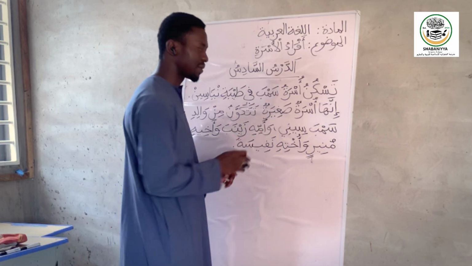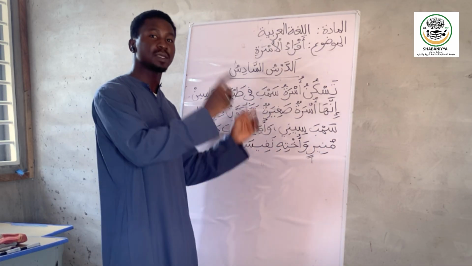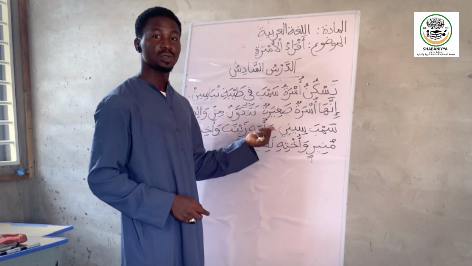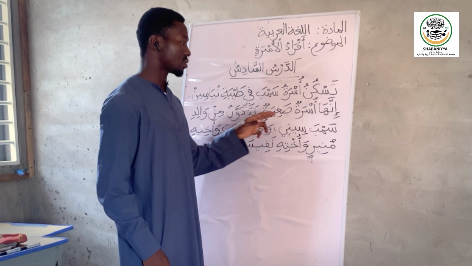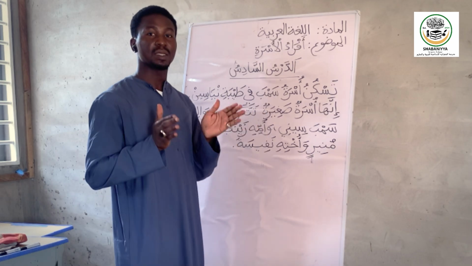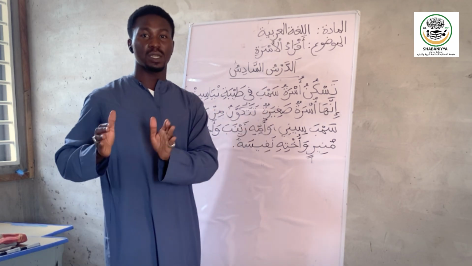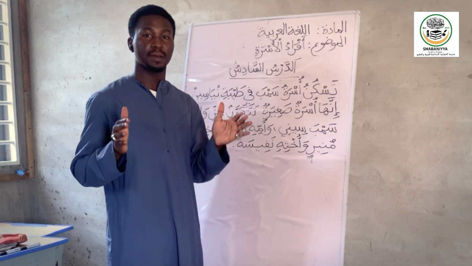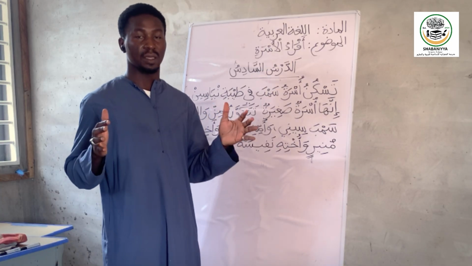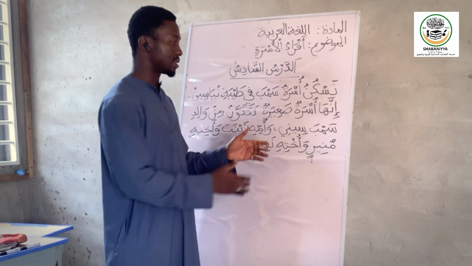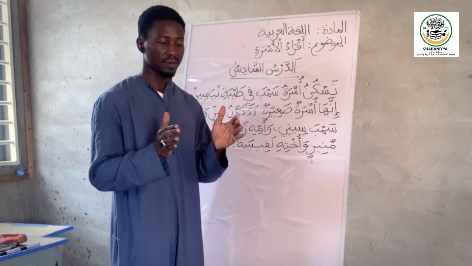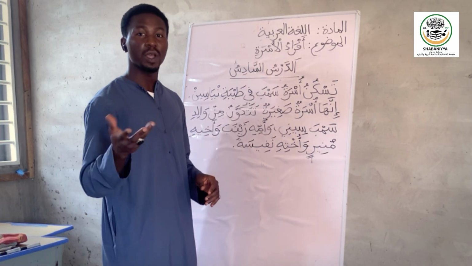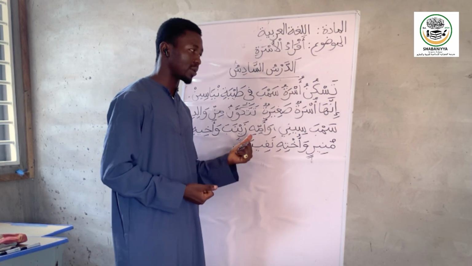Here we have something similar but on the opposite side of the spectrum, Usratun Saghiratun, a small family. Usratun Kabiratun would be the opposite, a big family, the huge or extended family. This Usratun Saghiratun is a nuclear family. We are now going to learn who it consists of.